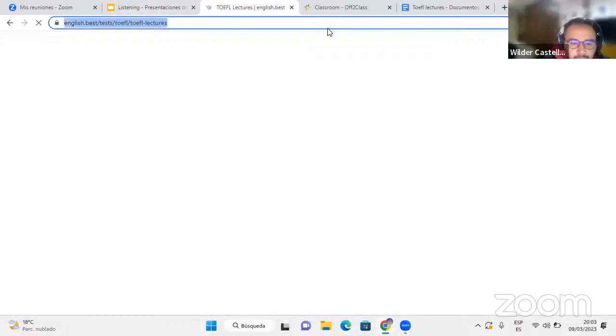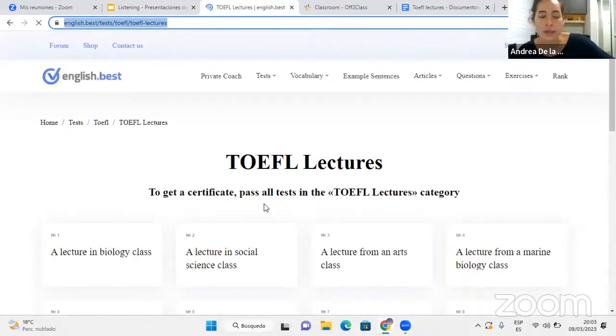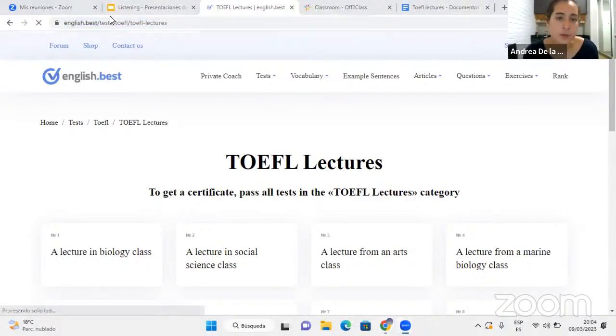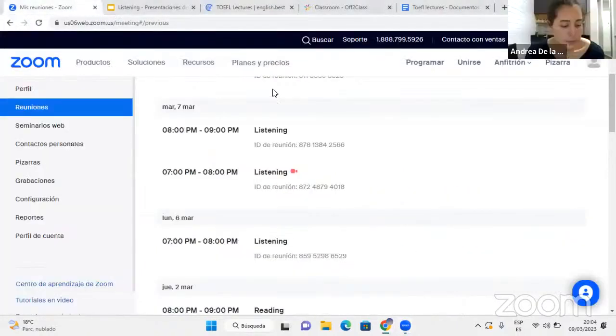Honestly, this isn't official from the ETS, but this is the best website that I found because there are many, many websites. This is the closest one, I'd say, to the types of questions you get in the real world. And of course, you can practice from the ETS website as well. But this shows us the transcript. That's why I'm using this one. I see. Okay, guys. Any other question?